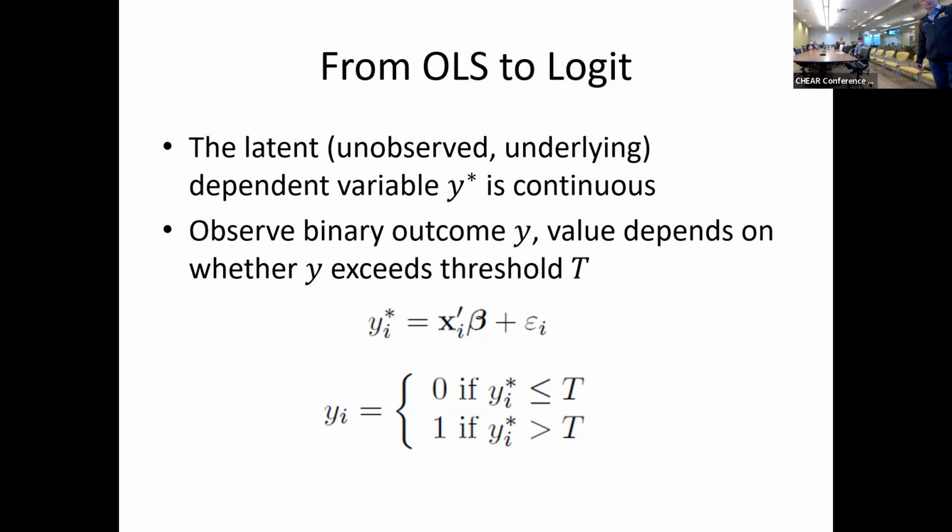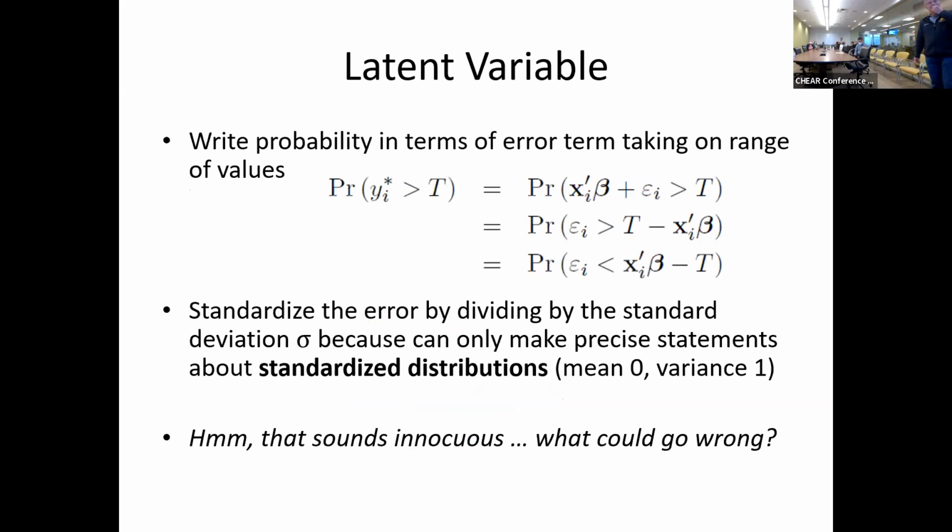Okay, so next slide. Now we want to write a precise statement about the probability that y star is bigger than t, which is like y being 1 as opposed to y equals 0. So the probability that y star is bigger than the threshold is the probability that this expression, x beta plus epsilon, is bigger than t.